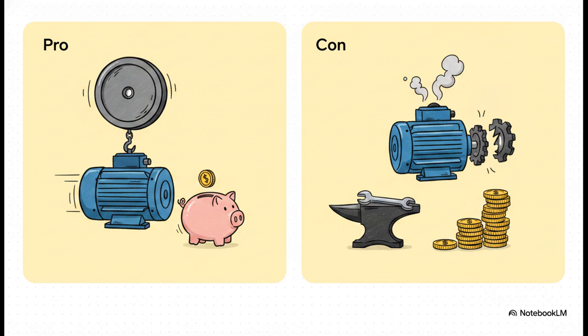But they have an Achilles heel, the commutator. This is a physical, mechanical switch inside the motor that reverses the current direction as it spins. Because it relies on physical contact, it creates friction and inevitable electrical sparks. That fundamentally limits how fast the DC motor can spin before it basically destroys itself. So, because of these commutators, DC motors need more maintenance, they're heavier, and they're pricier than AC equivalents, which are lighter and cheaper, but historically a lot harder to control.